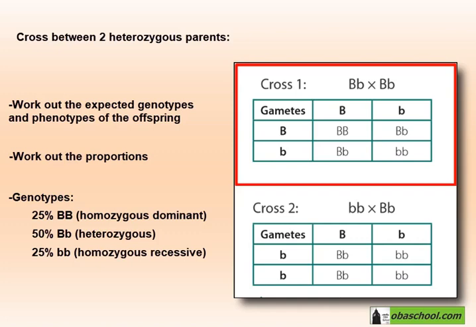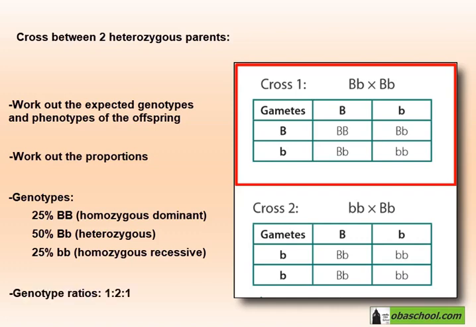So when we cross two heterozygotes, these are the proportions or the ratios that we will have. 25% are homozygous dominant, 25% are homozygous recessive, and 50% are heterozygous. This is every time we cross two heterozygotes together.